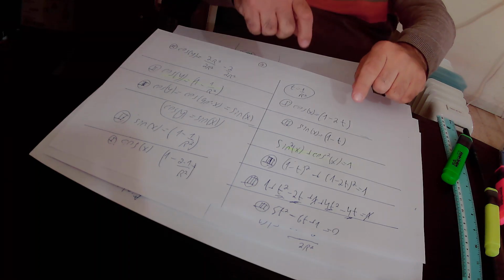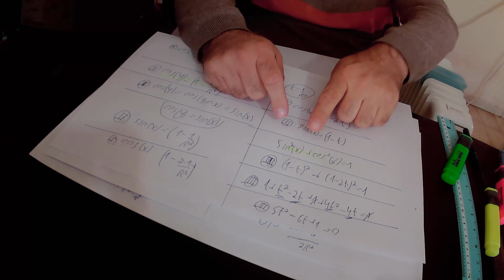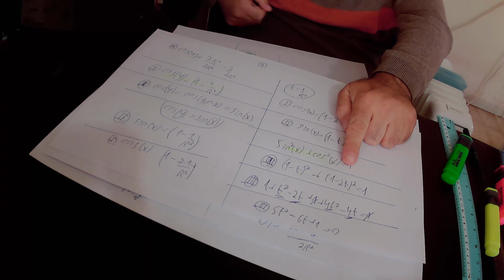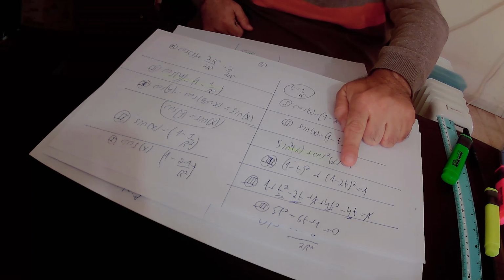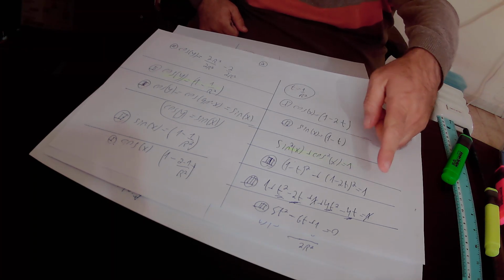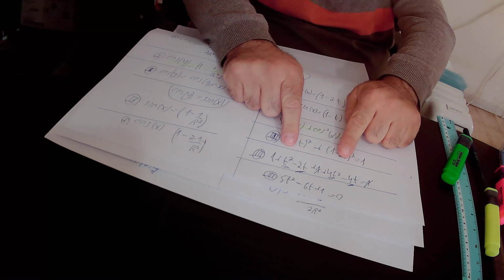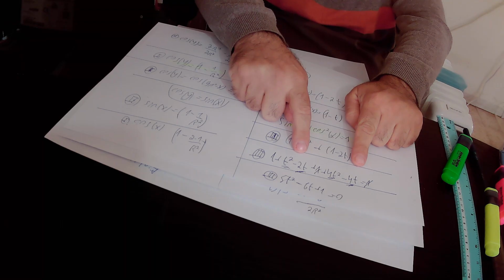Then we open the brackets on this side of equation number 3 and find that 1 minus t squared plus 1 minus 2t squared equals 1. That is 1 squared plus t squared minus 2t, plus 1 plus 4t squared minus 4t, equal to 1. t squared plus 4t squared is 5t squared, minus 2t minus 4t is minus 6t.